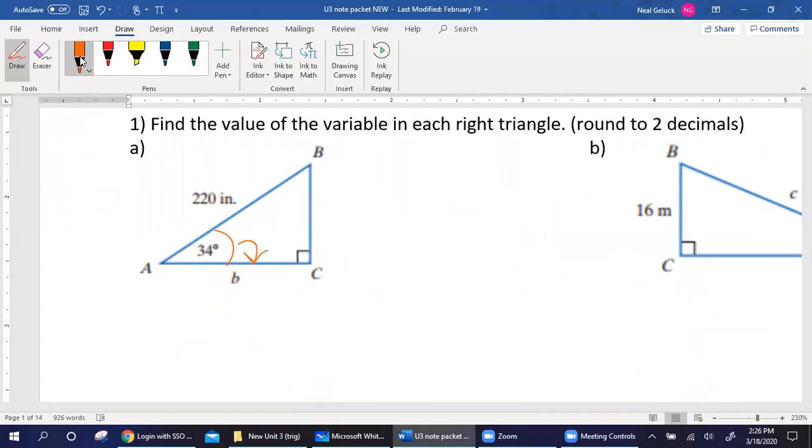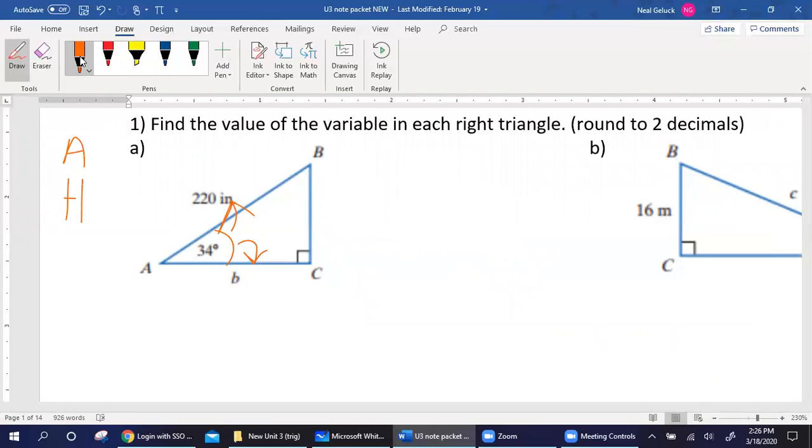I'm asked to find the adjacent side. That's going to be the adjacent in SOHCAHTOA. I am given the hypotenuse. So the trig function that uses adjacent hypotenuse is cosine. So I can set up a cosine equation here.